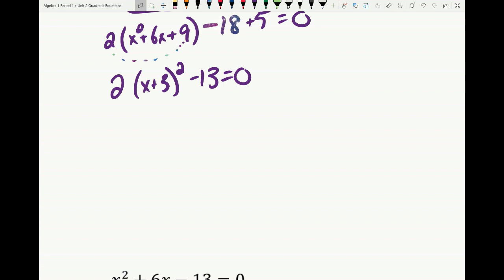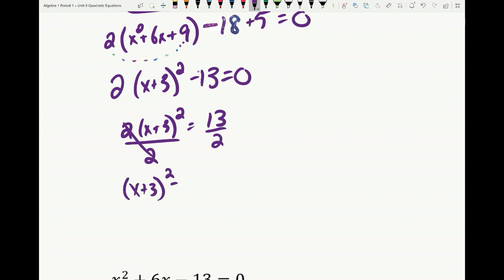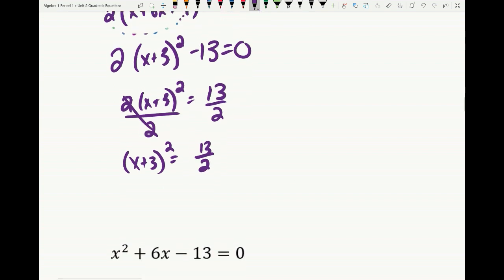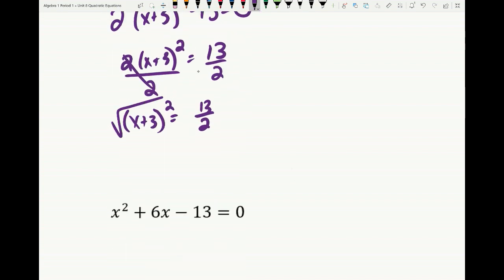Now it's time for inverse operations. So I'm going to move over that 13 by adding it. I'm going to divide by 2. You can write 6.5. I'm going to leave it as 13 halves, but 6.5 works too. I take the square root, plus or minus radical 13 over 2.